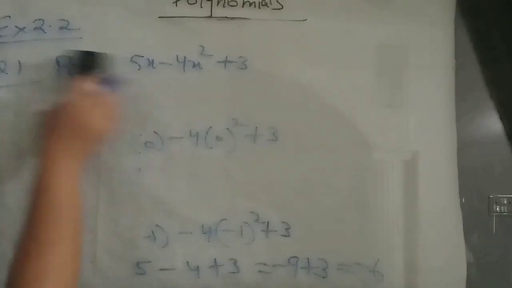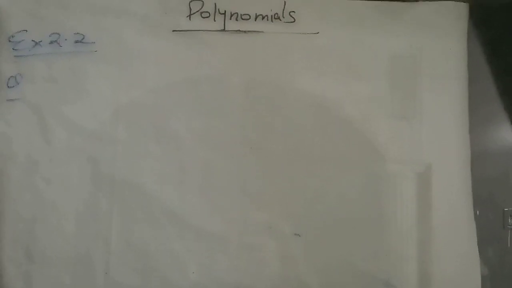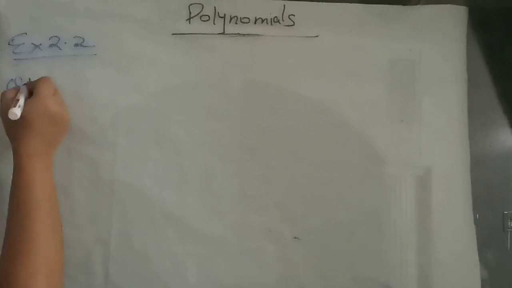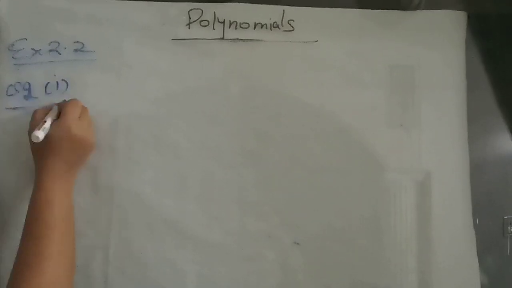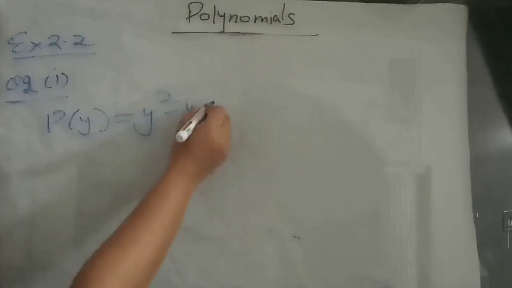Question number 2. Find p(0), p(1), p(2) for the following polynomials. I am doing the first part of question 2. The given polynomial is p(y) equal to y square minus y plus 1.